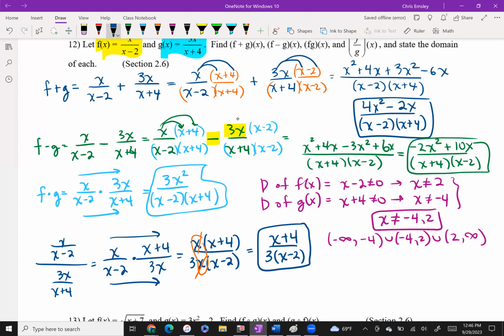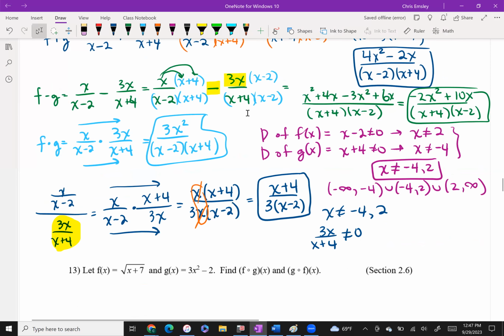Now the domain of the quotient starts with the domain that we had for the sum, the difference, and the product. So still, we have to make sure x is not negative 4 and x is not 2. But also, because we are dividing by g of x, division by 0 is undefined. So we have to make sure that g of x is not equal to 0.